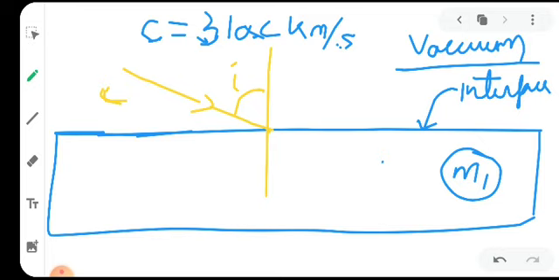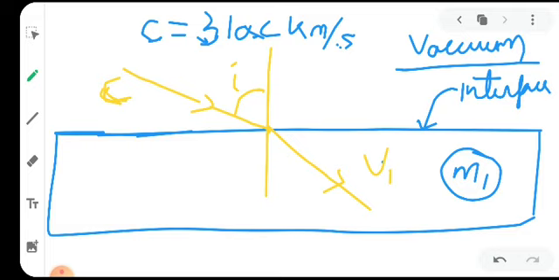Now as it enters the second medium, what happens? It moves at another speed. Since c is the fastest possible speed at which light can travel, in any other medium other than vacuum, the speed of light will always be lower than c. So suppose in medium 1 the light travels at a speed v1.